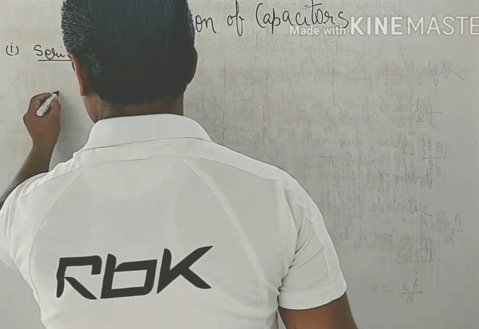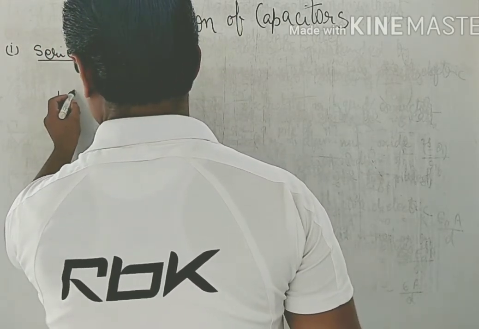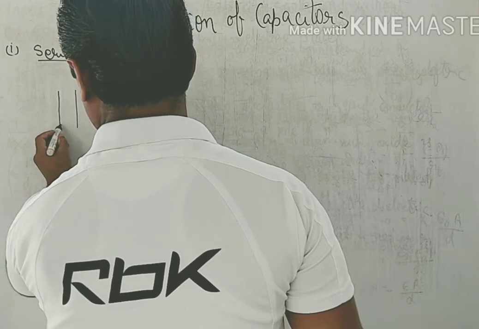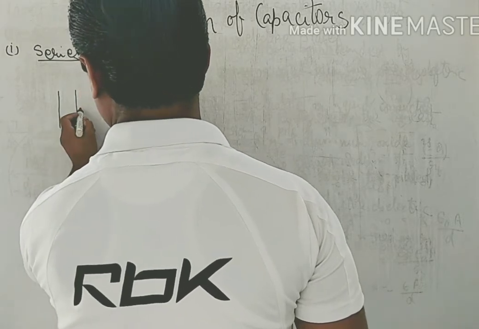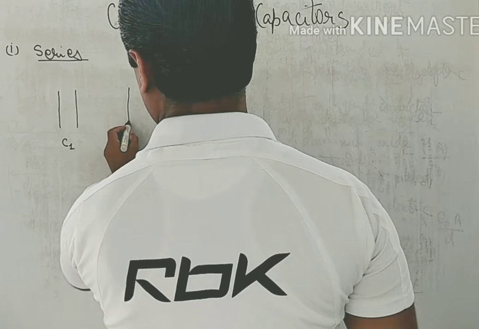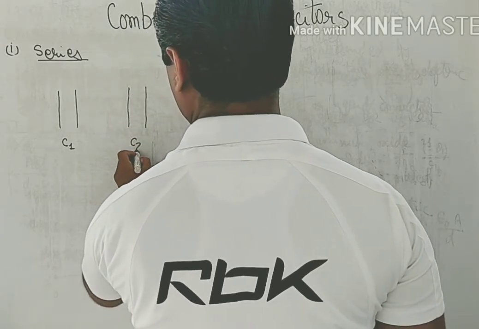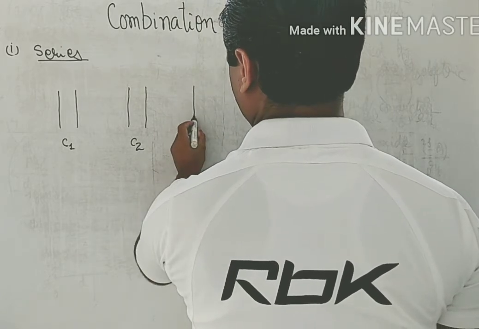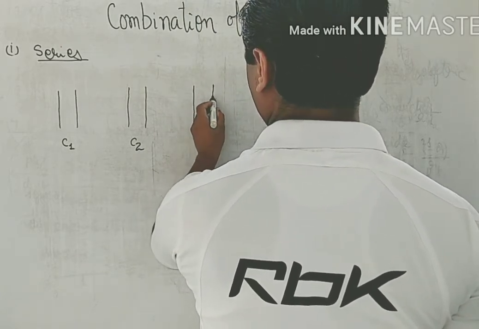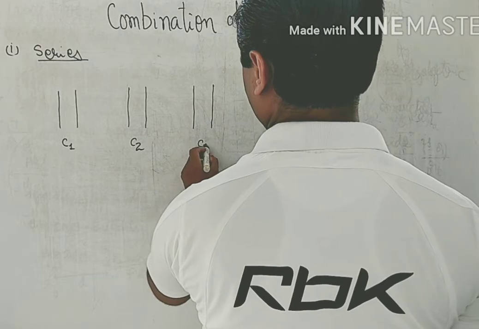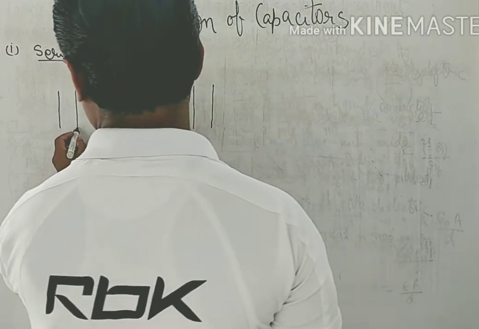Suppose we have three capacitors of different capacity, say C1. Now the second capacitor with us is of value C2. And the third capacitor available with us is of C3 capacity.